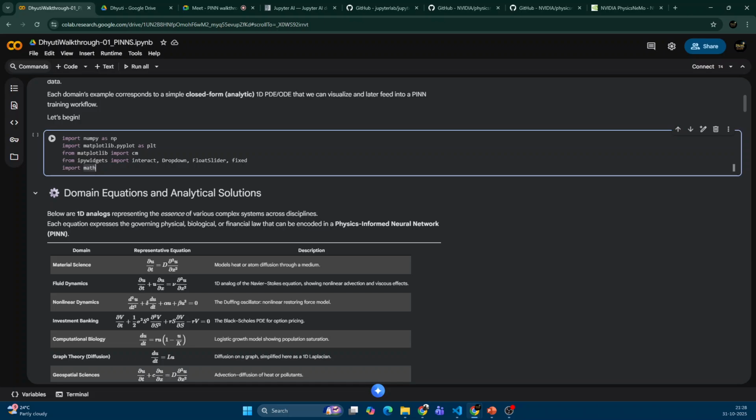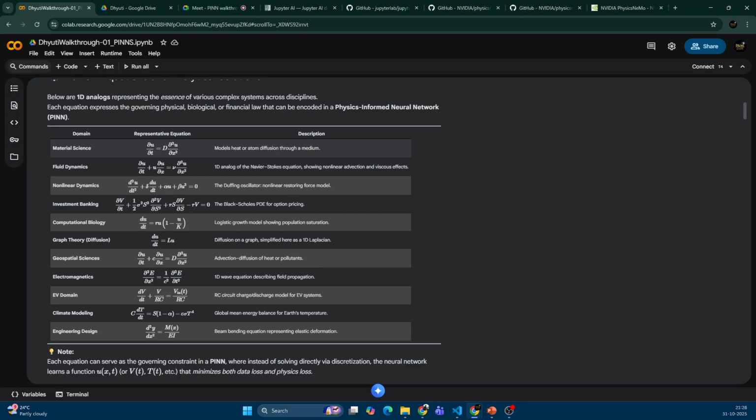So let's say we have material science. Given some measurements of temperature, you want to identify the thermal conductivity of the material. Then you could use the heat diffusion equation to model that problem. For fluid problems, a 1D analog of the Navier-Stokes equation would be the nonlinear advection diffusion equation.